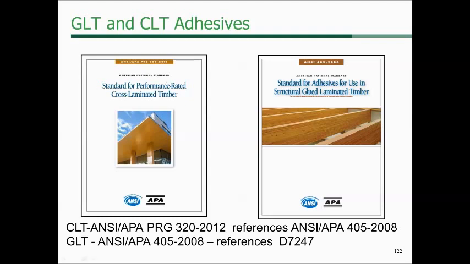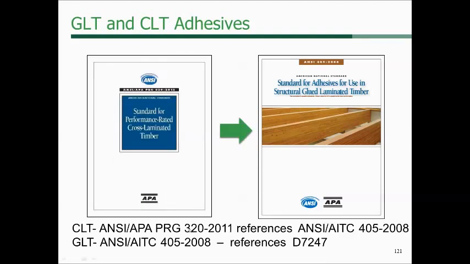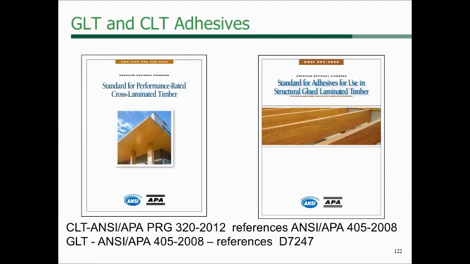So this is the most recent one that's published, but the one that's referenced in the IBC 2015 is the 2011 version. The one thing to note, though, with regard to the adhesives being used, is that both versions reference the same ANSI AITC 405-2008 for adhesives.